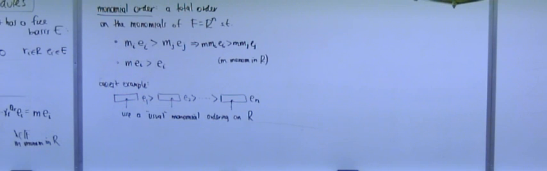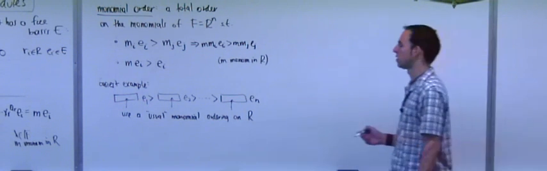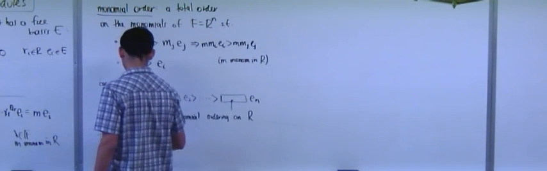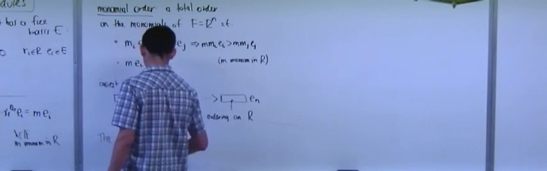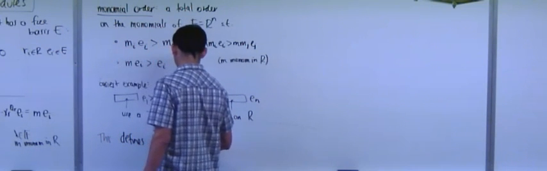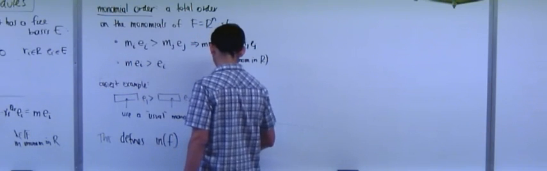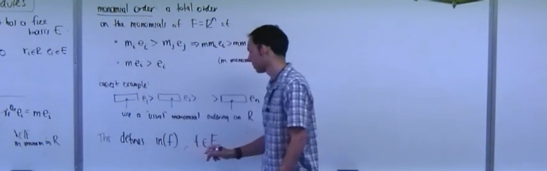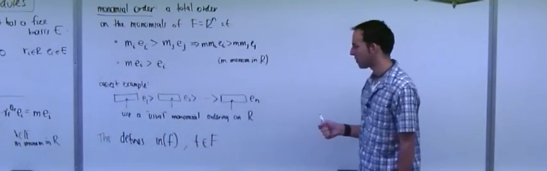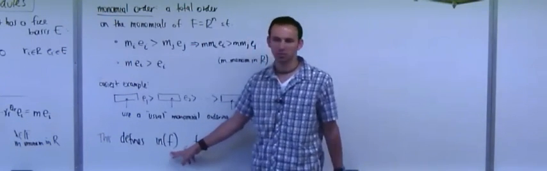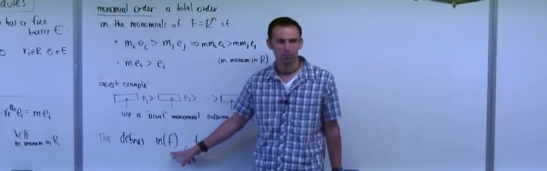So this defines the initial polynomial of f. Actually, you see, I'm used to terminology that doesn't apply here. I call it the initial polynomial, but that's not true because this is not a polynomial, right?